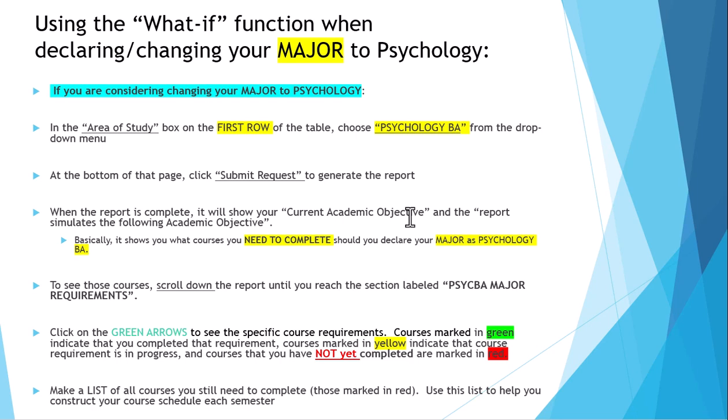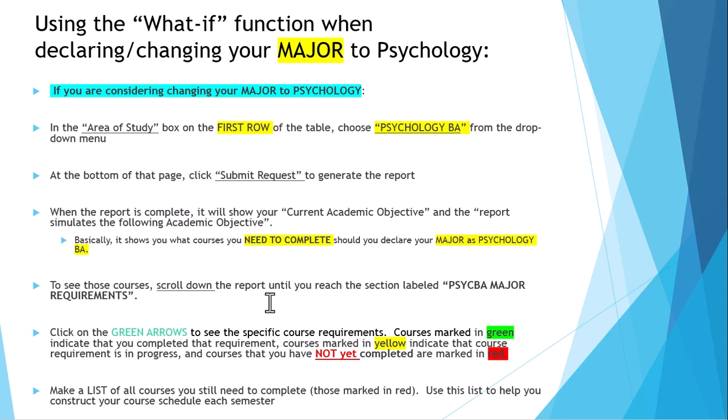In other words, using this example, it will show you what courses you'll need to complete should you declare psychology as your major. Scroll down that report until you reach the section Psych BA Major Requirements. Everything before this section should be the same.